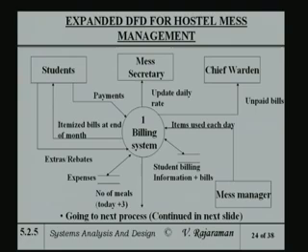The billing system essentially takes the menu from the mess manager, and he gives the items used in that menu, and based on that the updated daily rate goes to the mess secretary, who knows what it is going to cost.